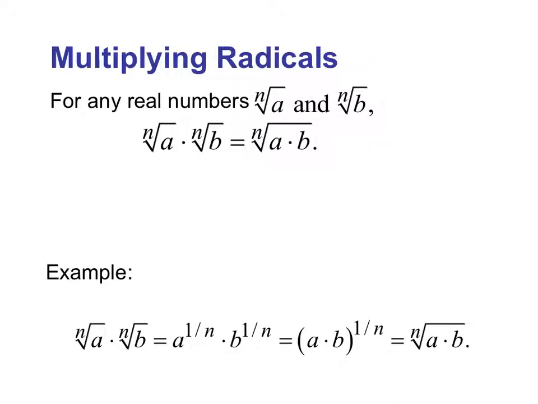So multiplying radicals, if we look at something like this, see how the roots are the same value? In this case, it's n. We would expect a number there, maybe 5 or something like that. We can rewrite it as one full radical and just multiply the a and b values, the bases, just like we would if it were something like this here at the bottom.